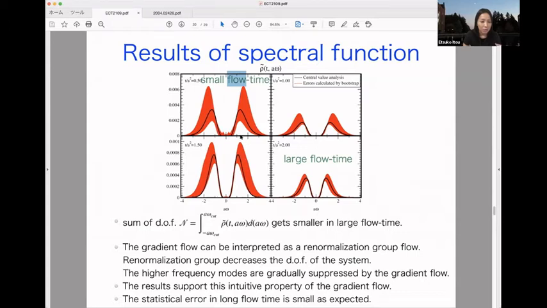This is somewhat of a surprise, that the sparse modeling analysis reproduces such a property of the gradient flow method. And the statistical error at long flow time is small, as expected.